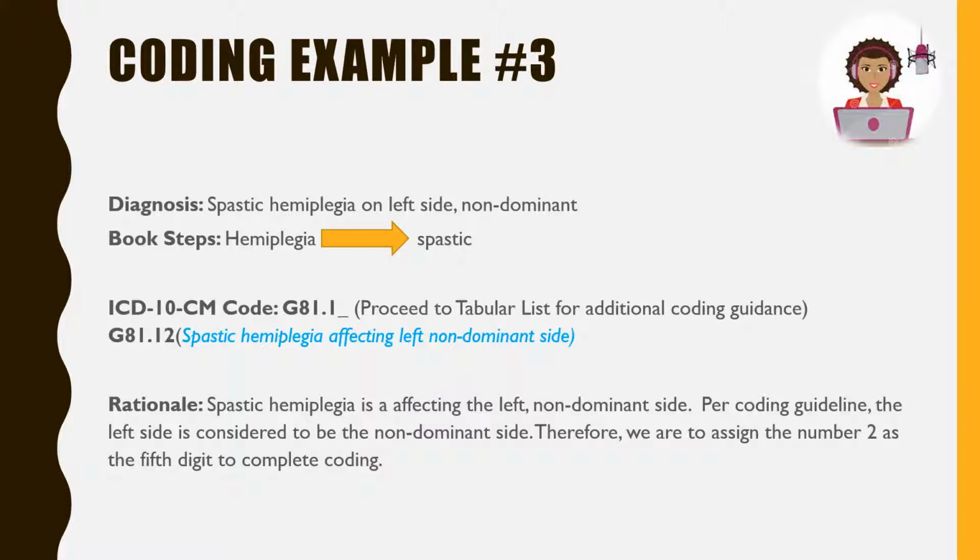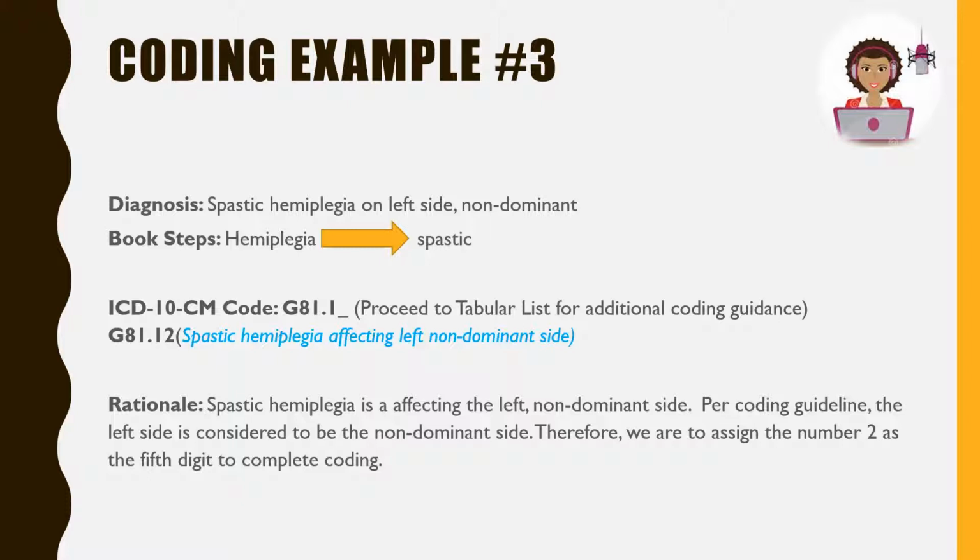Our ICD-10 code provides us G81.1, again with the empty space holder. Once we proceed to our tabular list for the additional coding guidance, our ICD-10 code should be G81.12. Again, that represents spastic hemiplegia affecting the left non-dominant side.